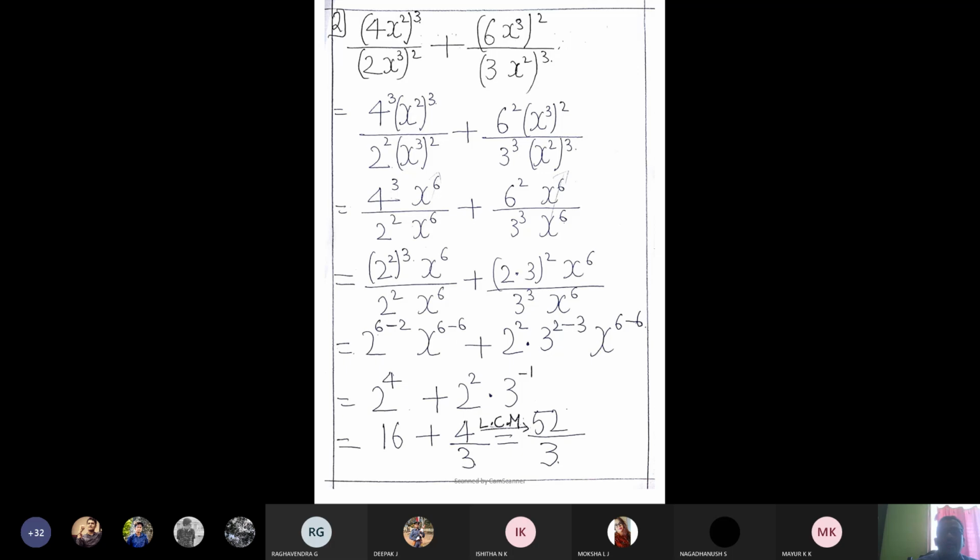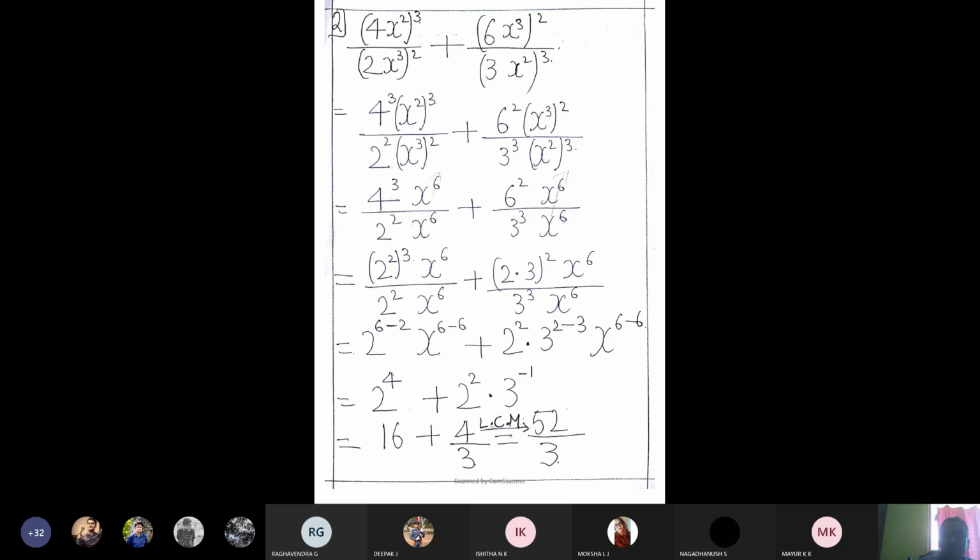Here 4 is also one base you can take, x is also one base you can take, and there is a common power of 3. This power 3 is to be applied to the 4 as well as to the variable.